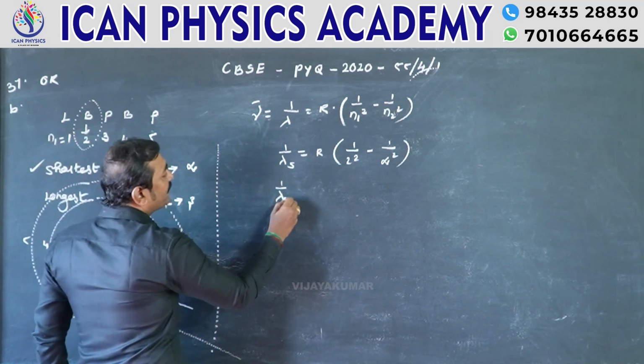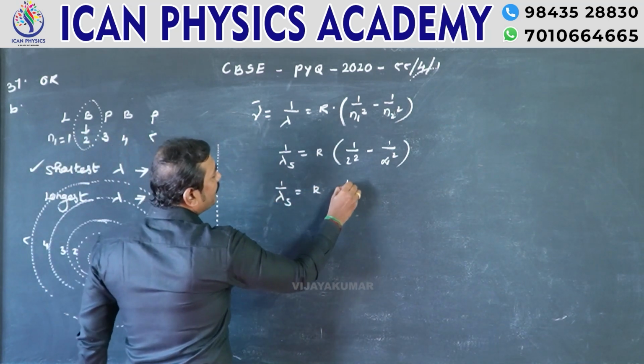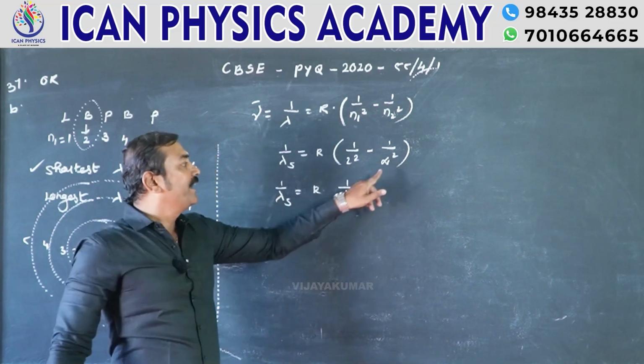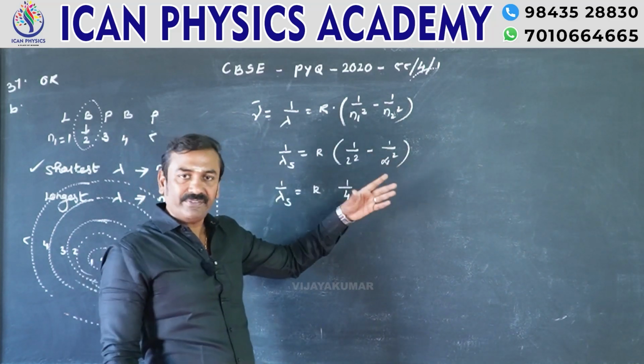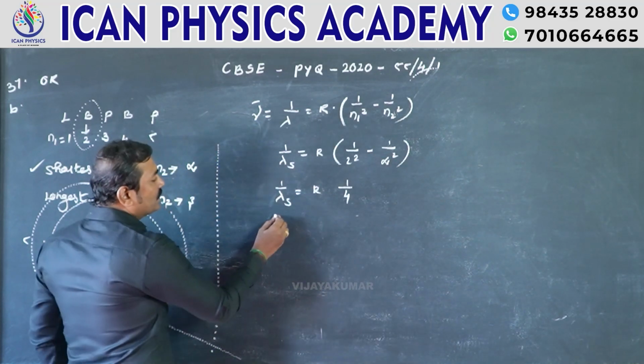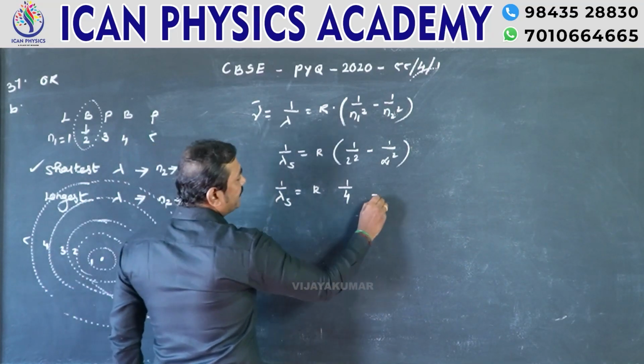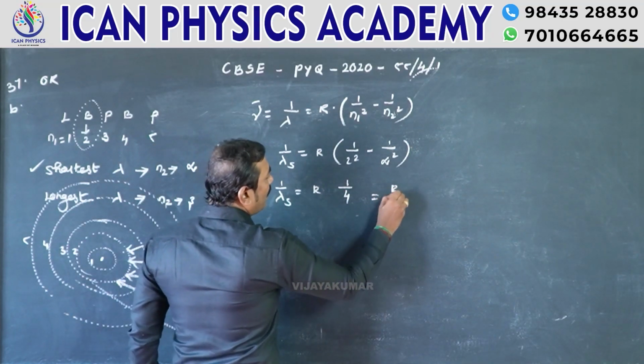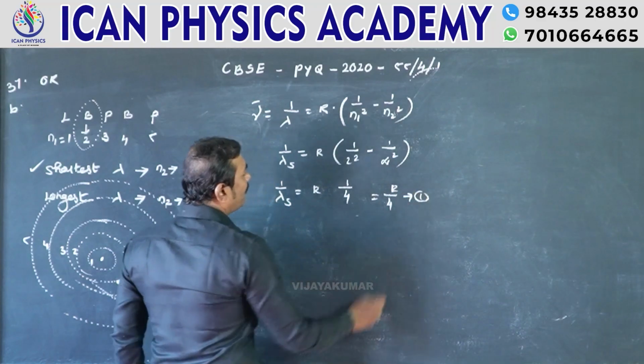So 1 by lambda S equal to R into 1 by 4, minus 1 by infinity square. Anything by infinity is 0, so we can leave it. So 1 by lambda S equals R by 4. Take this as equation number 1.